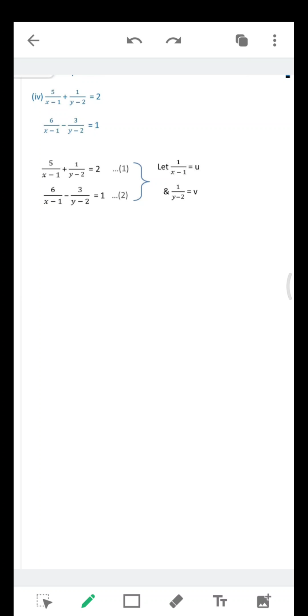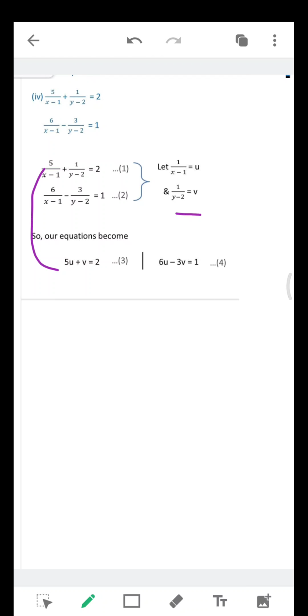So now I'll substitute this. So 5 by x minus 1, that is 5 into 1 by x minus 1. In place of 1 by x minus 1, what I should put? U. In place of 1 by y minus 2, I'll put v. So this equation becomes 5u plus 1v, because 1 by y minus 2 is v, no? 1v is equals to 2, and this equation becomes 6u minus 3v is equals to 1.